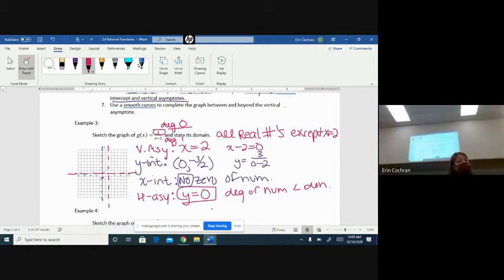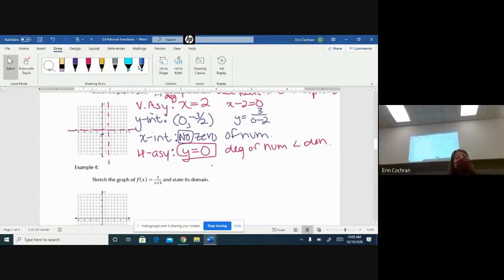So we know we're going to have 2 branches, right? Now we've got to pick points. We already have the y-intercept marked, right? So now let's pick some points to the left and to the right of 0, before our vertical asymptote.